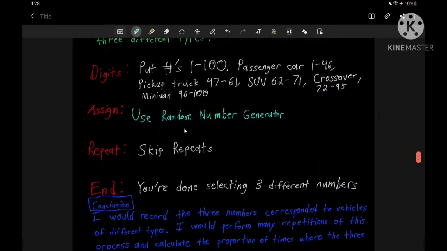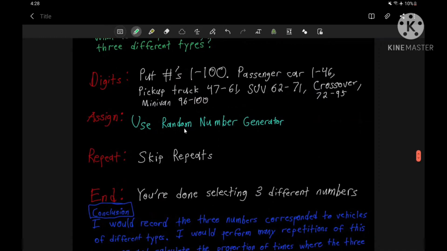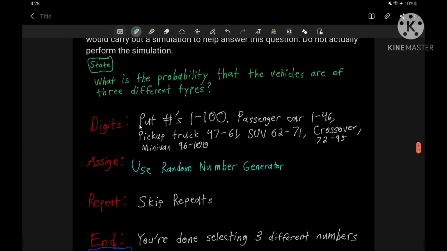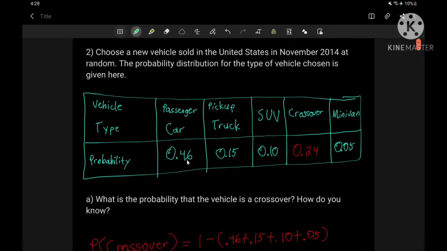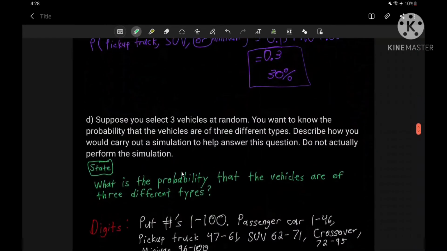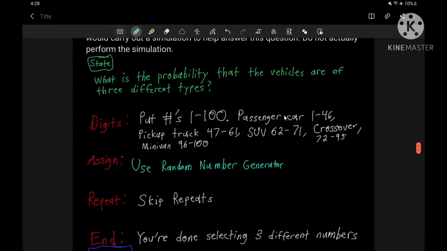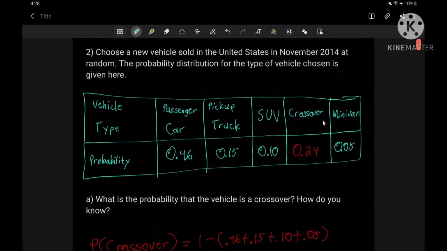After that, they're trying to make us do the DARE strategy. The D is for digits, A for assign, R for repeat, and E for end. For digits, I put numbers 1 through 100 just because this is trying to add up to 100%. So like 1% through 100%. Passenger car, it's 1 through 46 because 46 numbers or 46%.